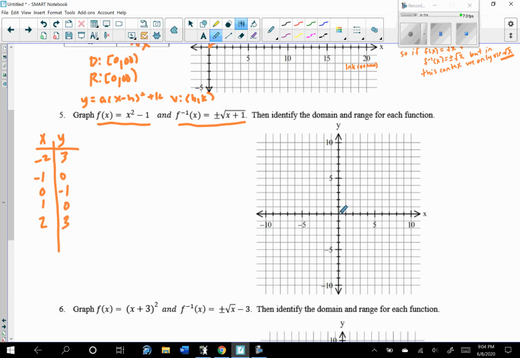So on my graph, I have 0, negative 1. Then I have the points 1, 0, negative 1, 0, and 2, 3, and negative 2, 3. And that gives me my shape. And if I were to plot another point, this would be at 9.